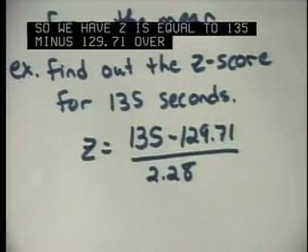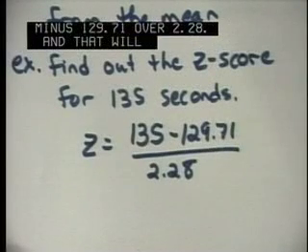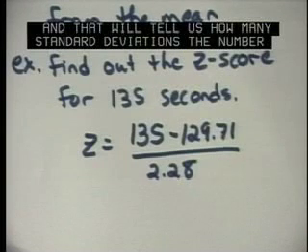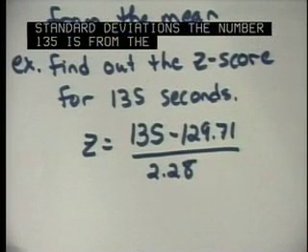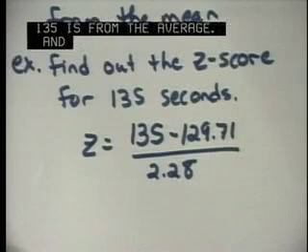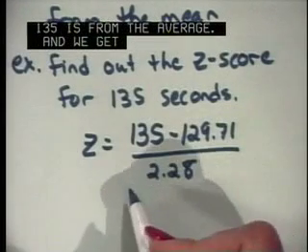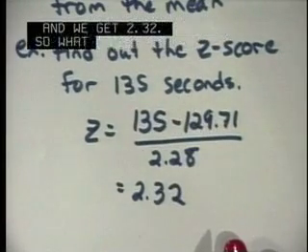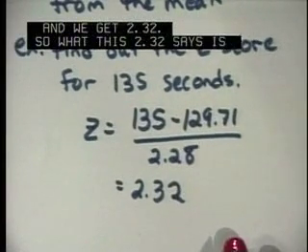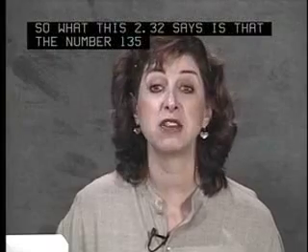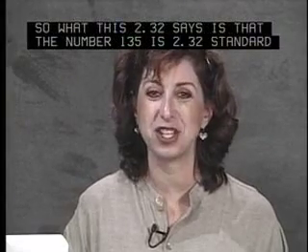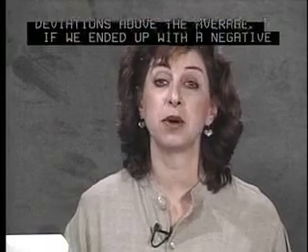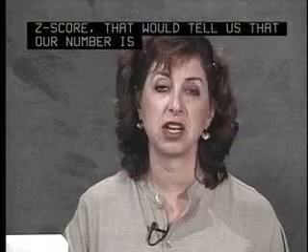And that will tell us how many standard deviations the number 135 is from the average. And we get 2.32. So what this 2.32 says is that the number 135 is 2.32 standard deviations above the average. If we ended up with a negative z-score, that would tell us that our number is below the average.